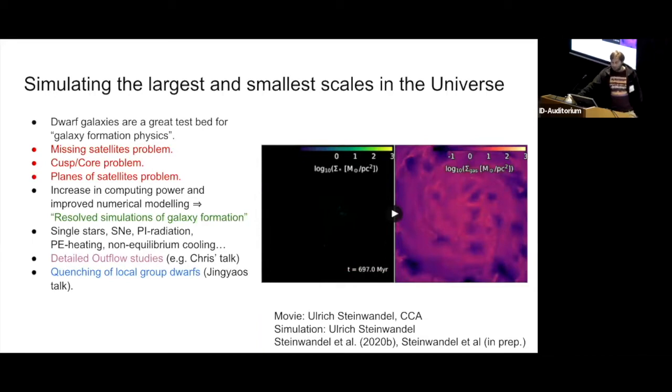We will hear a little bit about detailed outflow studies in Chris' talk. We could also do detailed outflow studies with my simulations, but that's not what we talk about today. And then we also hear in Yingyao's talk more about quenching of Local Group dwarfs. And this is the journey we will take together.